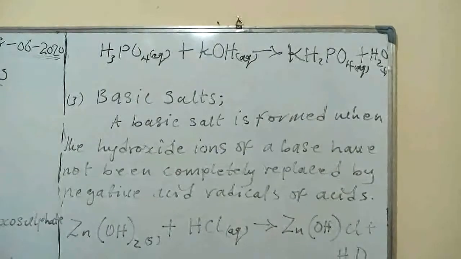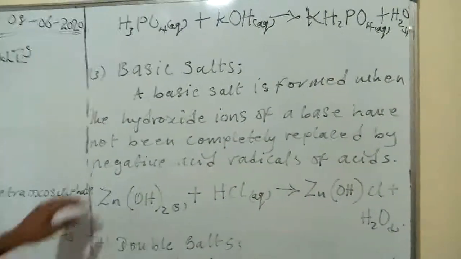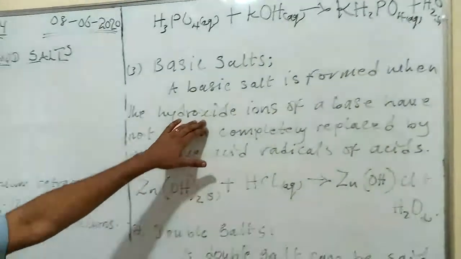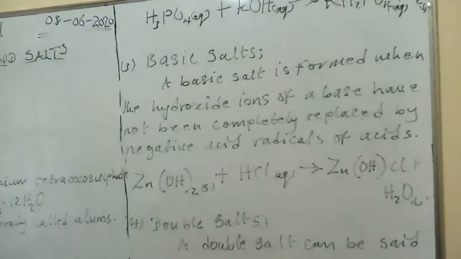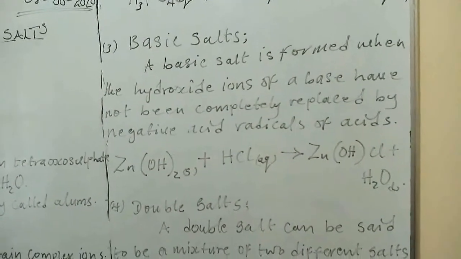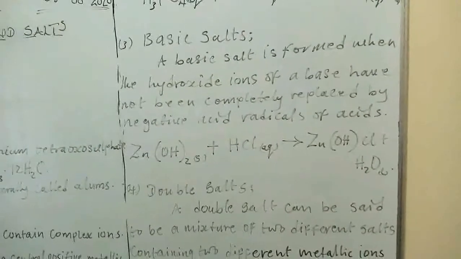Also, if we look at a basic salt, we said a basic salt is formed when the hydroxide ions... Now we are not saying hydrogen ion. When we are defining an acid, we specify hydrogen ion or hydronium ion, I beg your pardon.